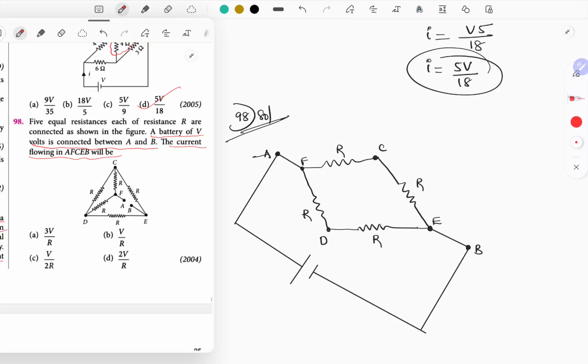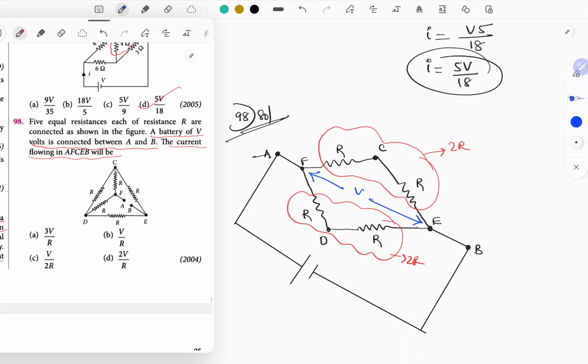Now if you observe, these two resistors are connected in series, and the resultant resistance is 2R. These two resistors are also connected in series, with resultant resistance 2R. The total voltage V is connected in parallel to these two combinations, right? So I can replace it like this. The voltage across these two is V itself.